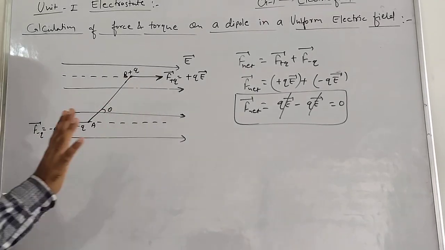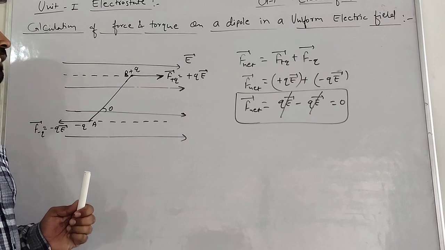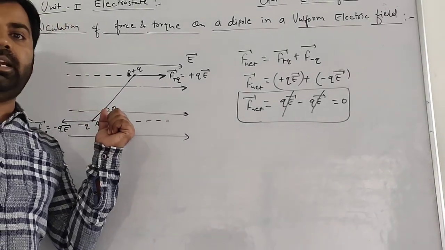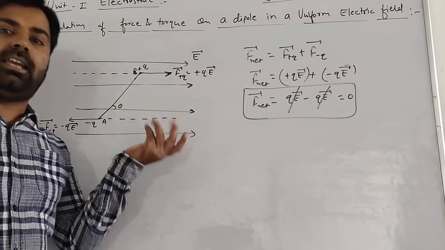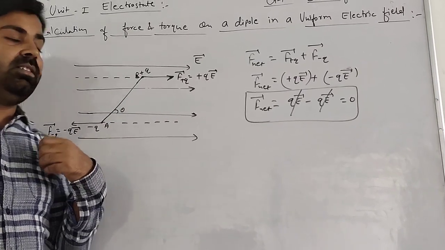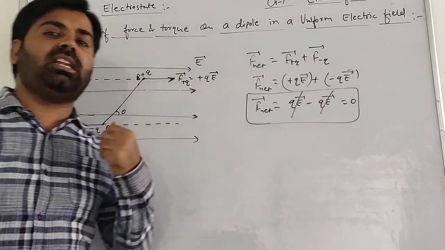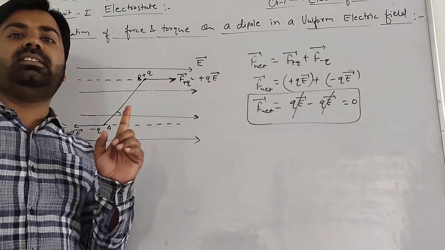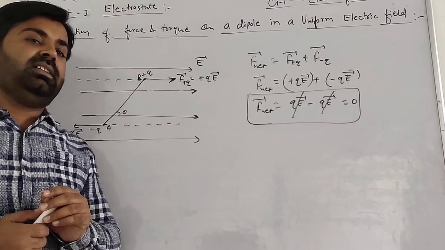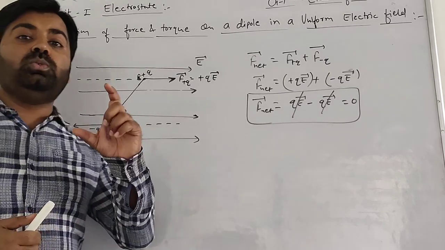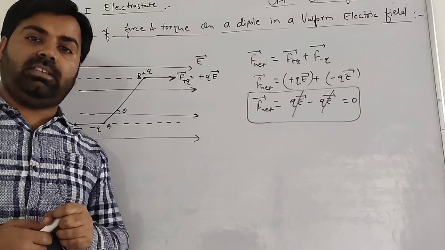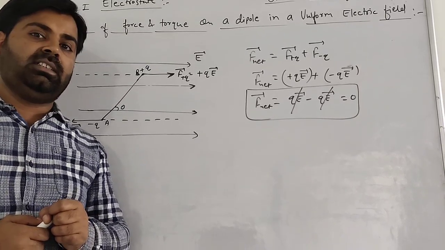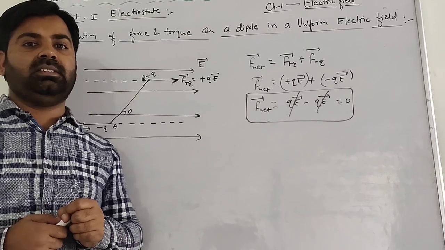Both are not collinear, so they make a couple and exert a torque on the electric dipole. What is a couple? In 11th class, I told you that a couple is two forces whose magnitudes are equal but directions are opposite.